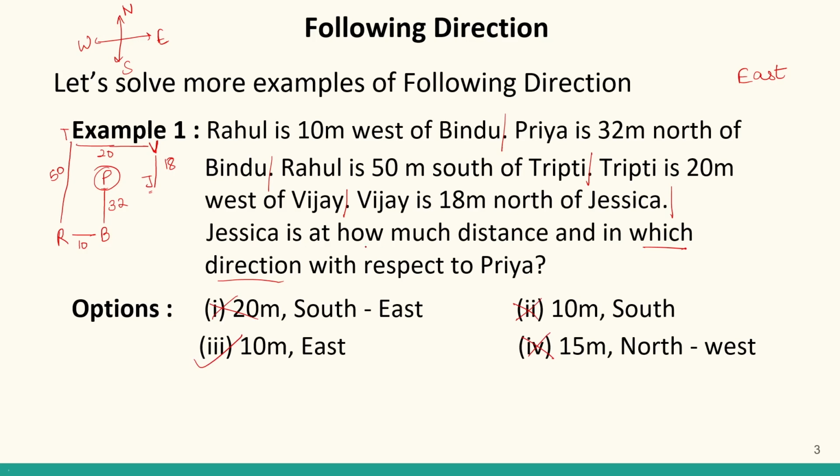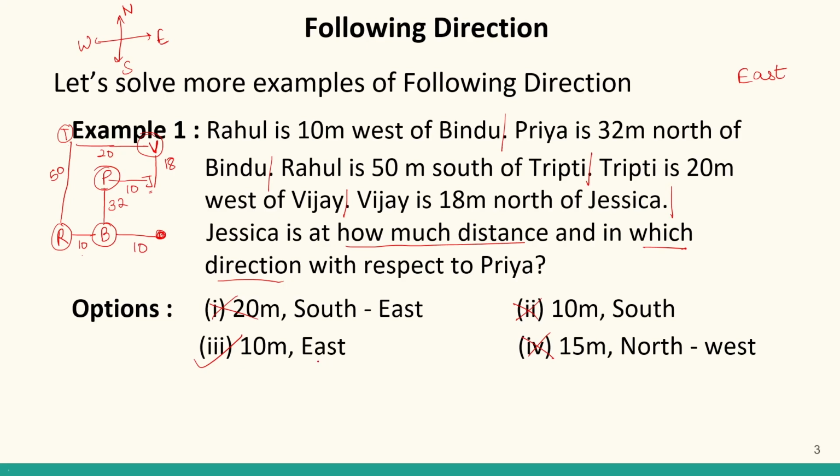We have to also identify how much distance. So if the distance between T and V is 20 and distance between R and B is 10, so distance between B and this point will be equal to distance between P and J. So distance between this will be 10. So distance between P and J will be 10. Therefore, the answer is 10 meter towards east.